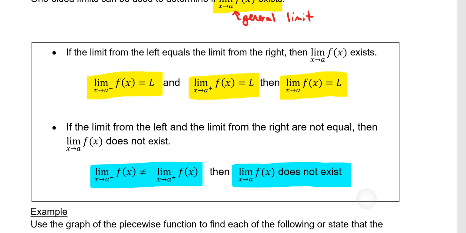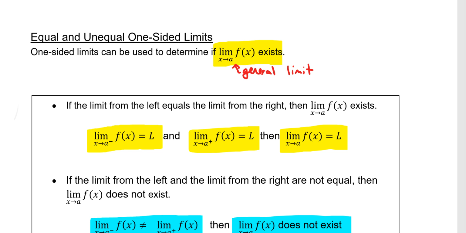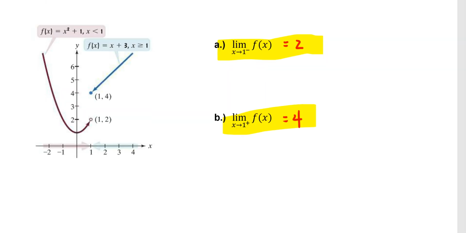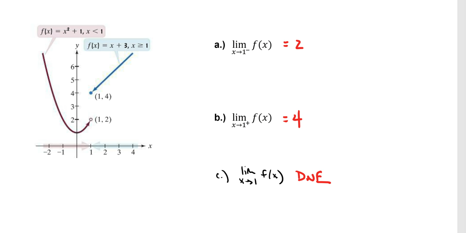We abbreviate this with DNE. Does not exist, DNE. So for example, in the question that we just did a second ago, if we were doing the limit as x approaches 1 in general, the answer for this is does not exist. The limit does not exist because the limit from the left did not equal the limit from the right.